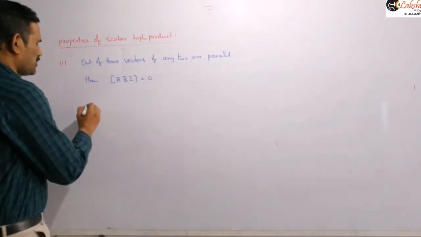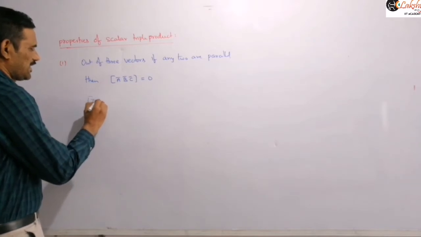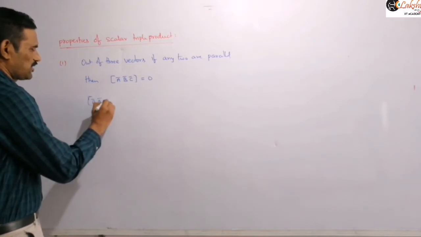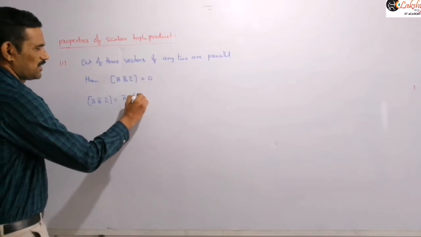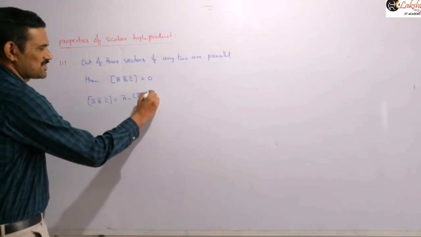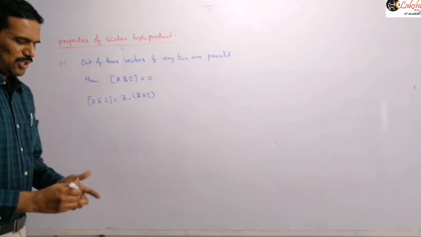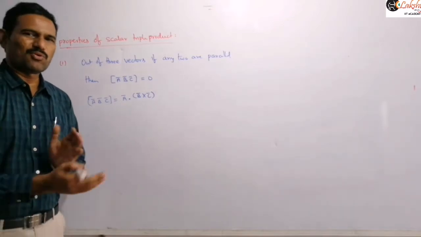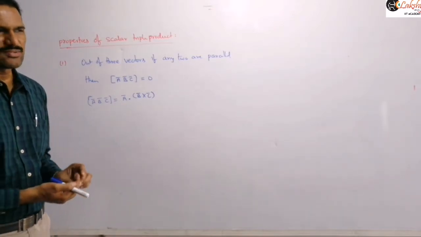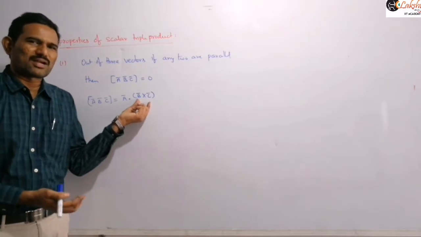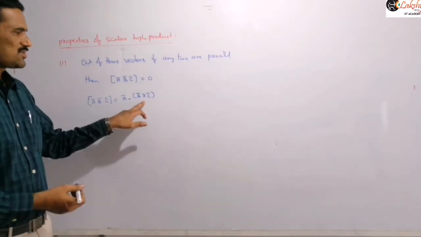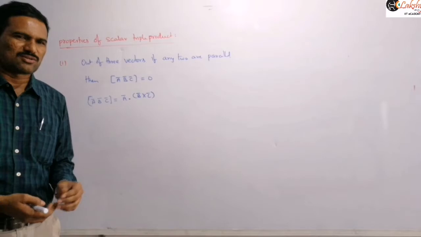Because we can write the scalar triple product of these three vectors as A bar dot of B bar cross C bar, right? Now, if for example B bar and C bar are parallel vectors, we know the cross product of two parallel vectors will be 0, so this term will be 0, so the total will be 0.